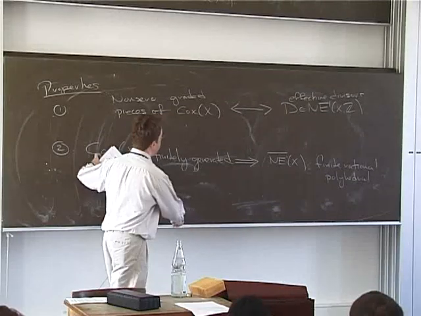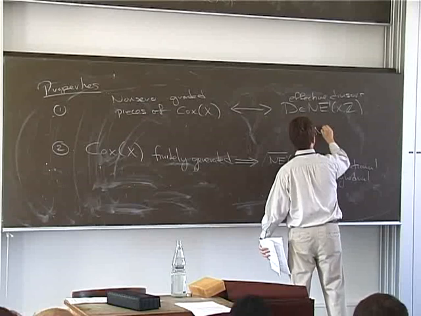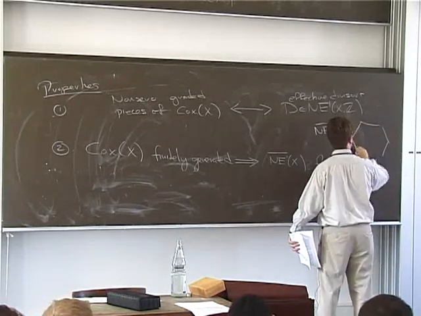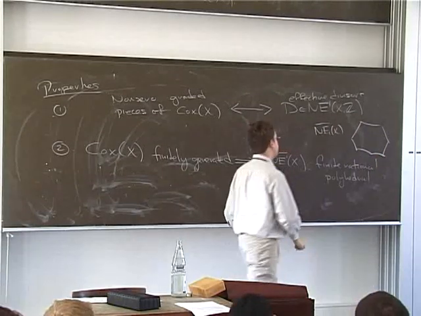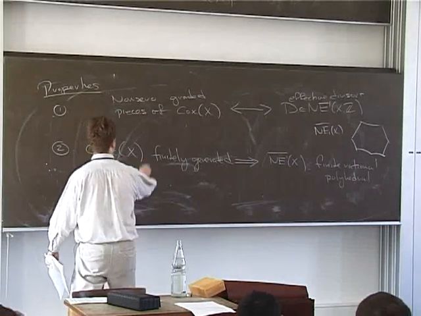So this is an immediate consequence. You're going to have a picture like this, that the cone of curves is a polyhedron.